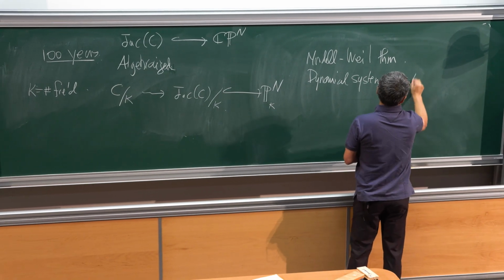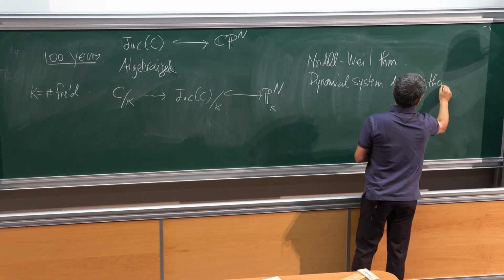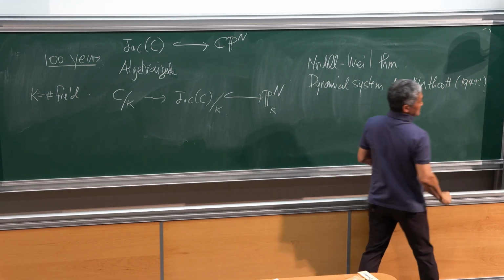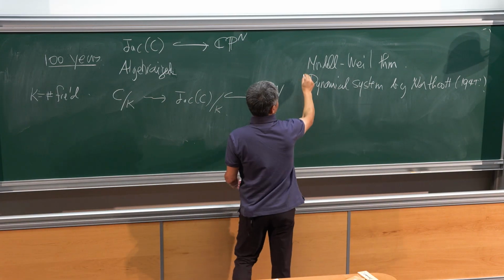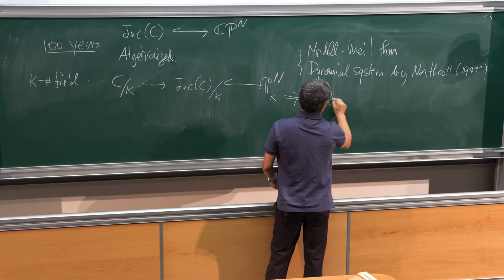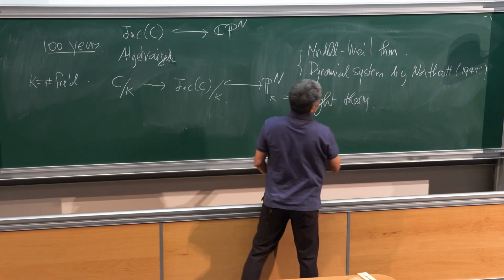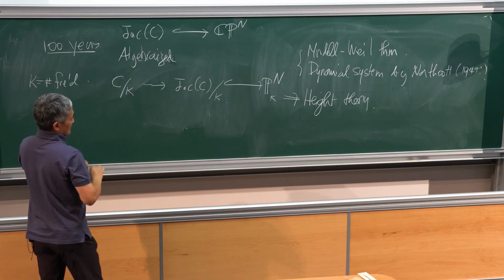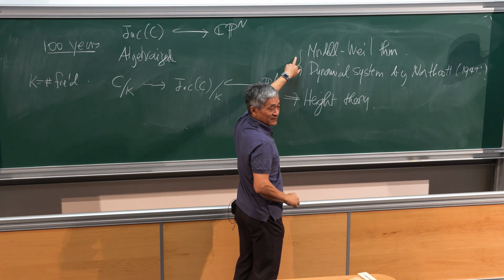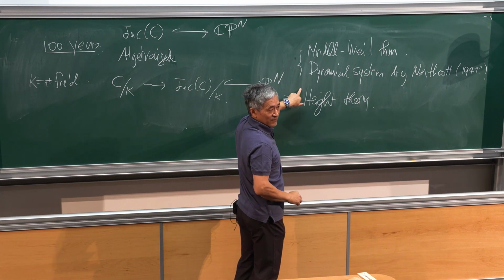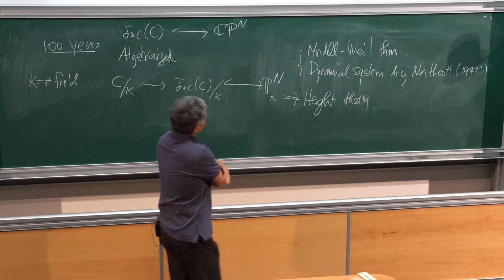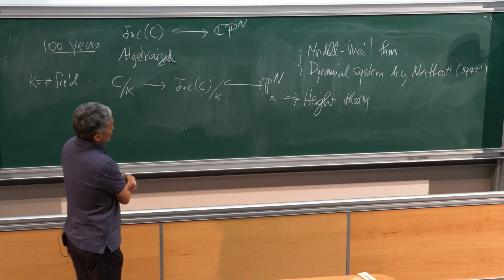This is by Northcott, in the 1940s, 49, I forget which year it is. 42, they introduced the height theory. It's a remarkable theory. In Mordell-Weil you already implicitly use heights, but it was not formalized.